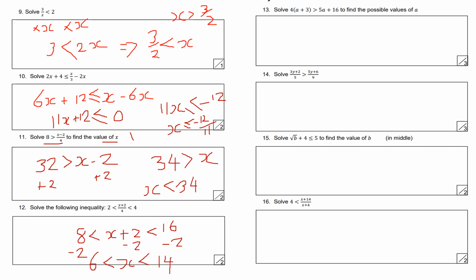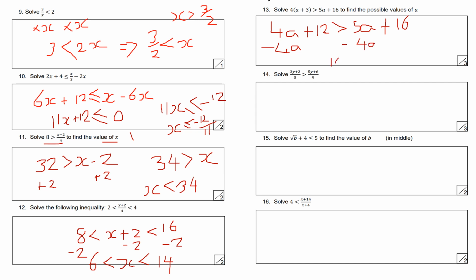Okay, question number 13. So solving an inequality to find the possible values of a. I'm going to expand the brackets. So I'm going to multiply out the left hand side. So I'm going to have 4a plus 12 is greater than 5a plus 16. Okay, I'm now going to subtract 4a on both sides to balance it respectively.